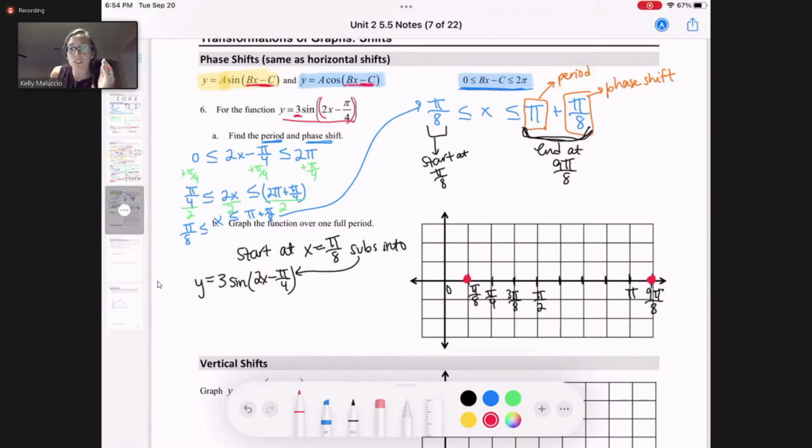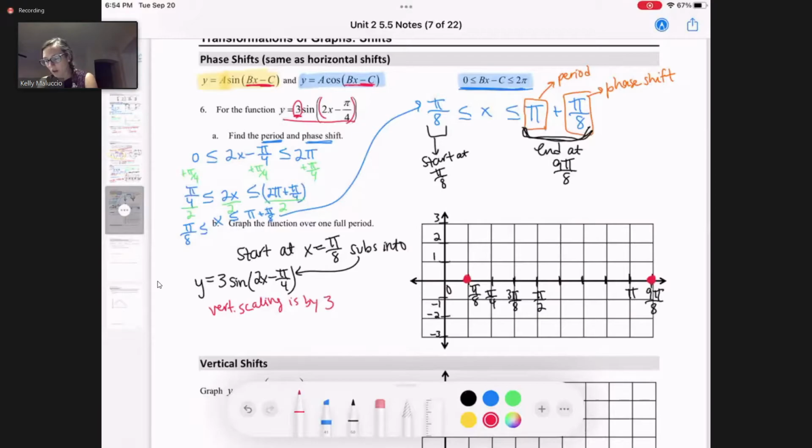Again, you could just shift everything, but for this one I was plugging in points. But maybe I should use what we know. We know the vertical scaling is by 3. So we know that our highest point and our lowest point are going to be 3 and -3. So I'll do 1, 2, 3, -1, -2, -3.